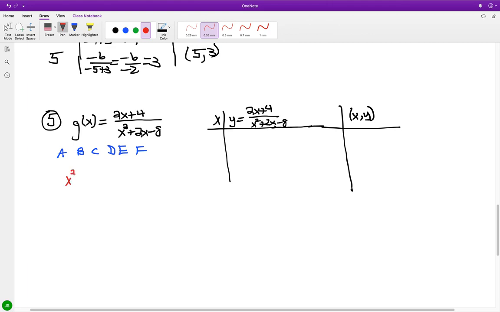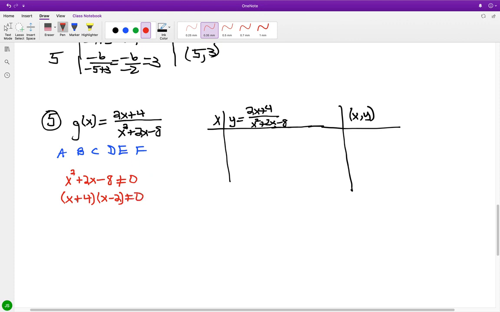Again, for the vertical asymptotes, those will stem from the exclusions of the domain of this function. So x squared + 2x - 8 cannot be 0. If I factor, I have the quantity (x + 4) times the quantity (x - 2) cannot be 0.